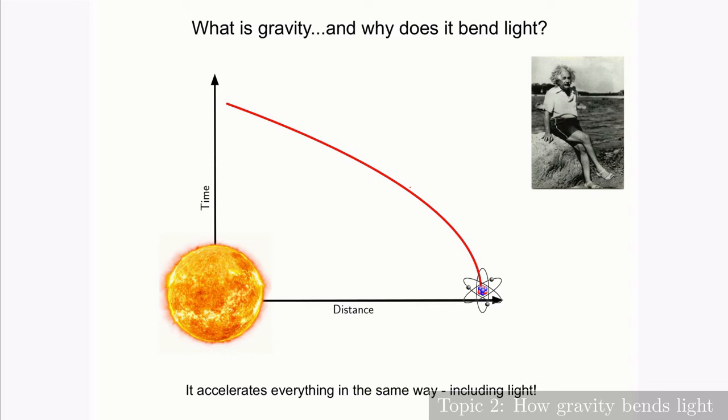Let's instead think of it as some sort of distortion of space and time, some change in the way that clocks tick and change in the length of rulers. So the change in the length of things, and maybe that's why things move in a strange way in a gravitational field.